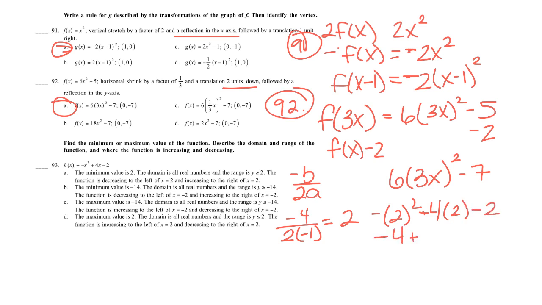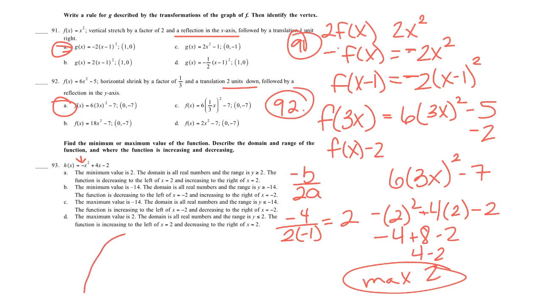So negative 4 plus 8 minus 2, 4 minus 2 is 2. So my maximum, because it opens down, so the negative means it opens down, which makes it a maximum. And then, so the maximum value is 2. The only answer there is D.